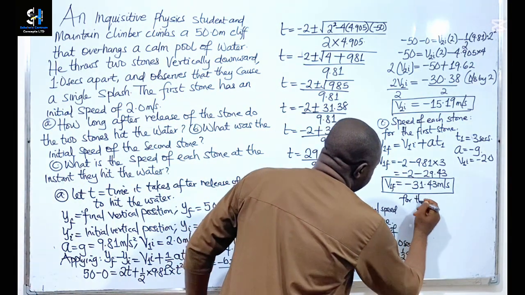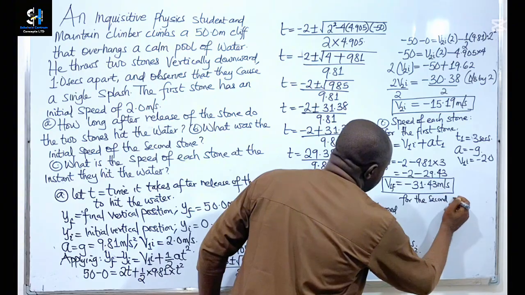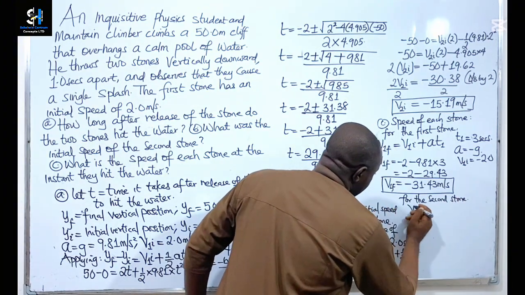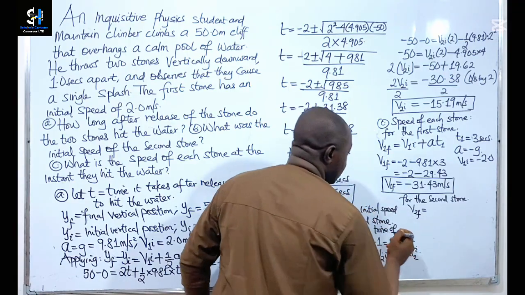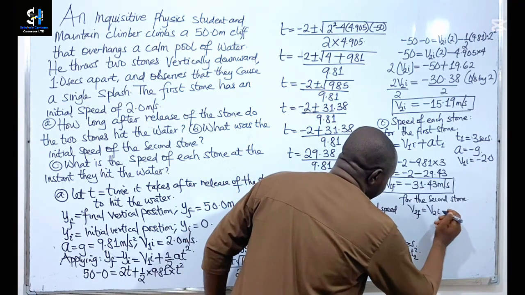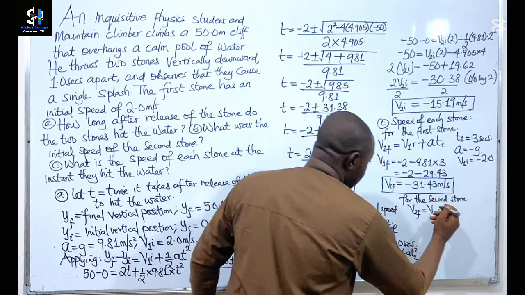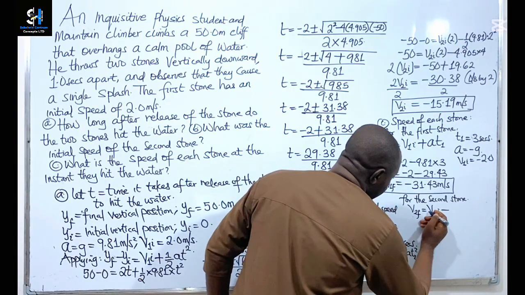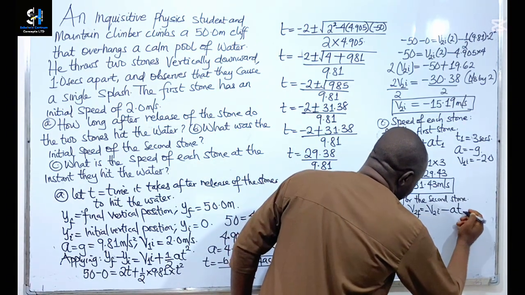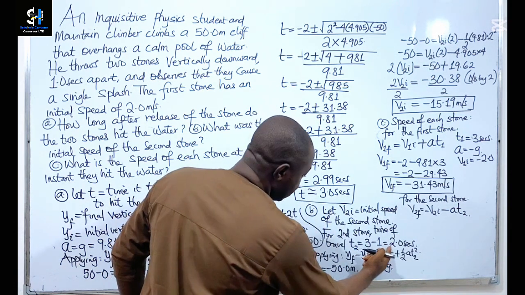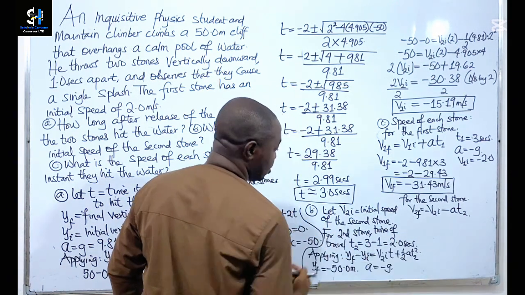Now for the second stone, V2F will be the initial speed of the second stone, minus, since the acceleration is also negative, a times T2. Let's not forget that T2 is 2 seconds.